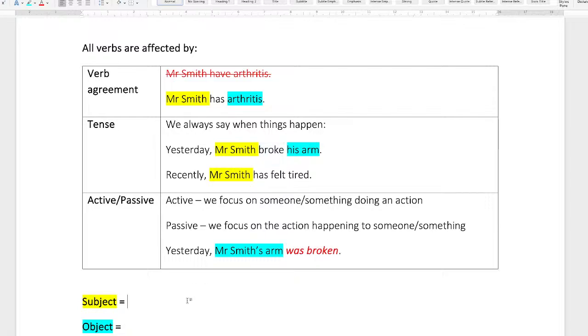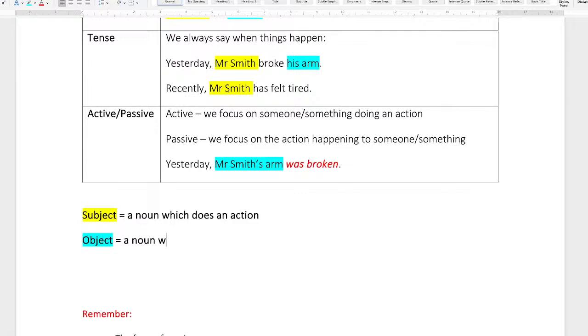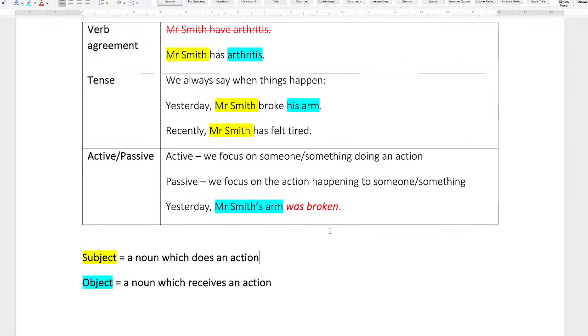A subject is a noun which does an action, and an object is a noun which receives an action. That's how we do it. We switch our focus from the subject to the object. Notice in this sentence there's no subject. Now that doesn't mean that we can't introduce subjects sometimes. We do that by using "by," and we'll see that later on in some examples. But this is the basic.